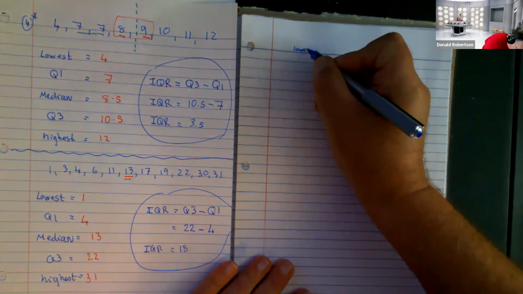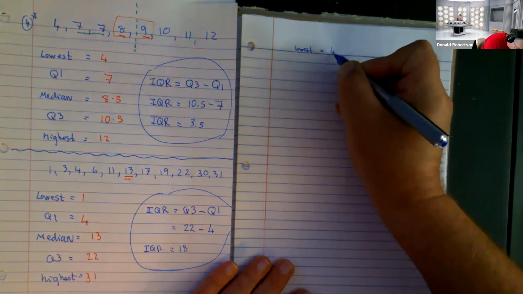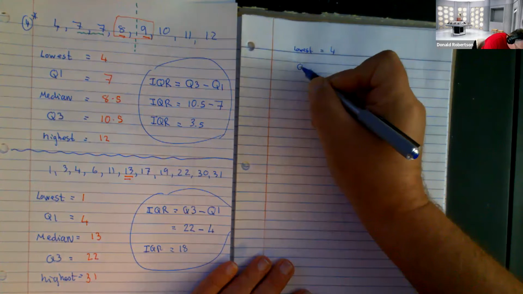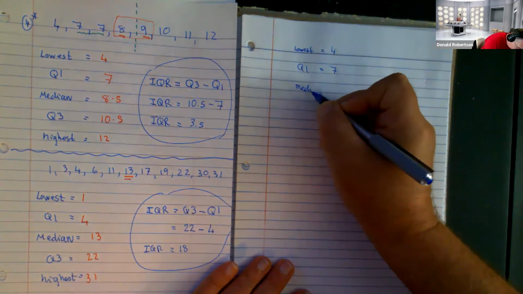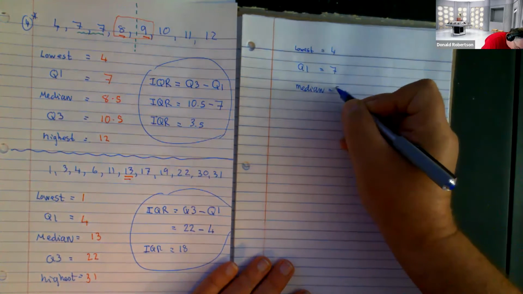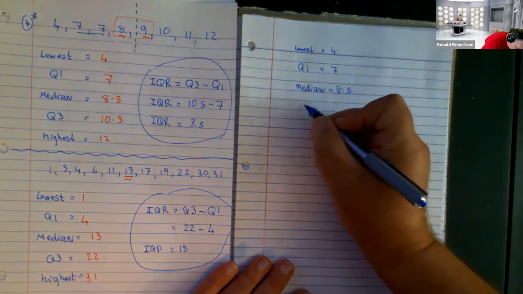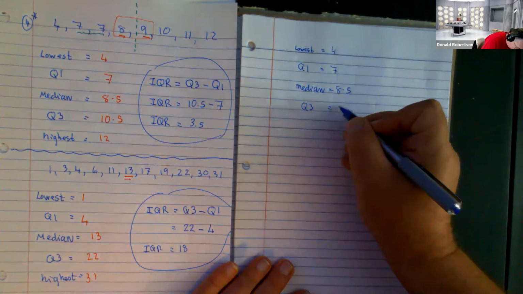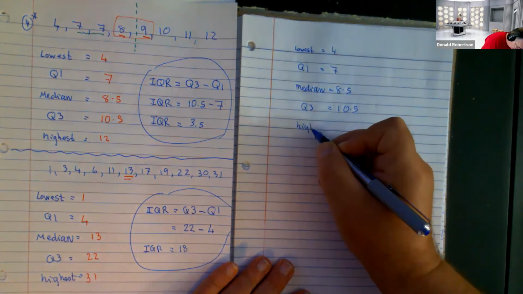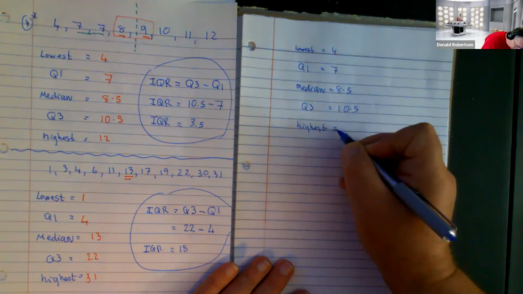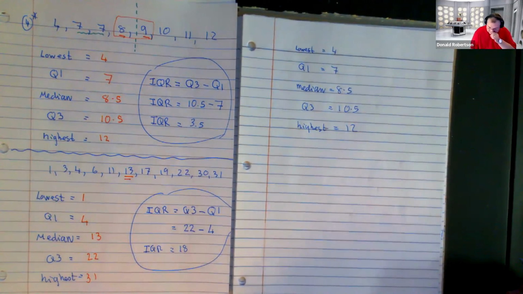So I have the lowest, which is 4. I have Q1, which is 7. I have the median, which was 8.5. I have Q3, which is 10.5. And I have the highest, which is 12, right? So I've got my 5-figure summary.